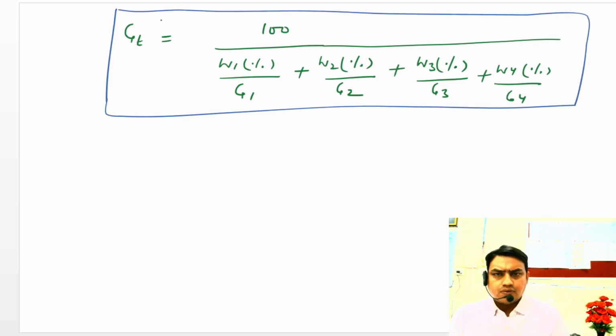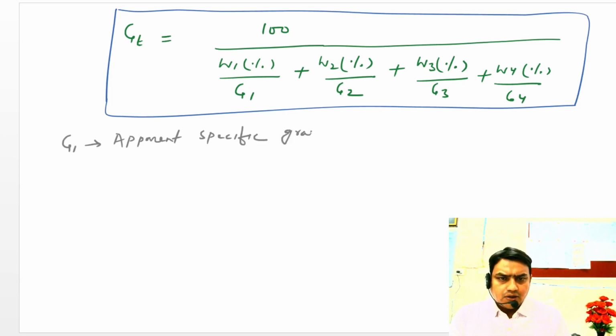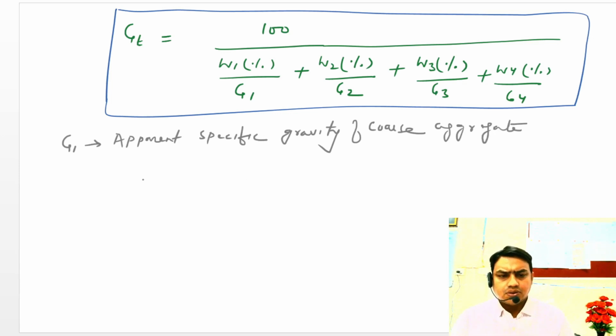So here firstly I will write what is G1. G1 is the apparent specific gravity of the coarse aggregate.